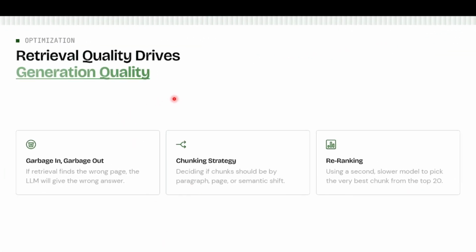All right, what we have next here is retrieval quality drives generation quality. Remember, it is what you store in the RAG database that your LLM will use to generate for you. So if nonsense is stored in the RAG database, the LLM will use the nonsense and give us nonsense. That is why you should be very careful when implementing chunking.